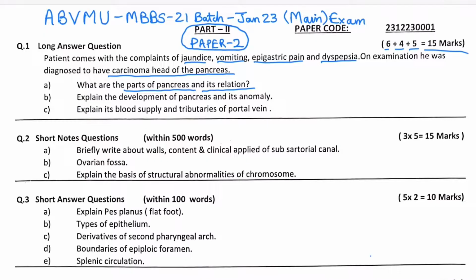So the pylorus lies in front of the neck, and the first part of the duodenum lies in front of the head of pancreas. What lies behind the neck of pancreas is the termination of the splenic vein and superior mesenteric vein, which join to form the portal vein. So remember that the portal vein is formed behind the neck of pancreas.